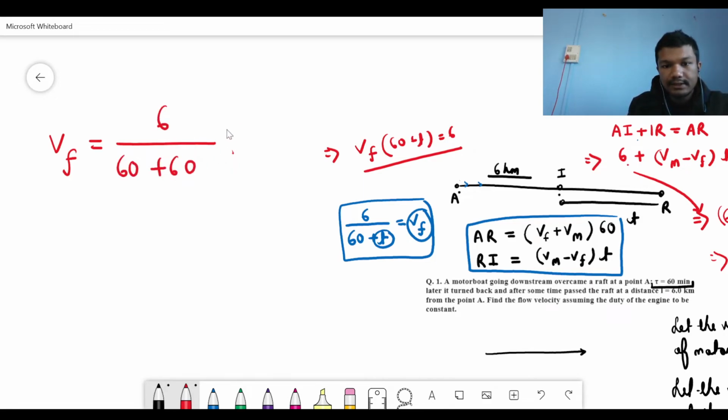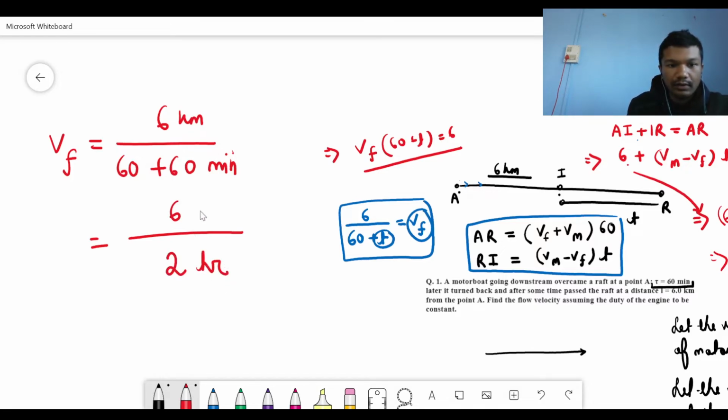Since this is in kilometers and this is in minutes, 6 kilometer over 60 plus 60 minutes, this is 2 hours. So the speed will become 3 kilometer per hour.